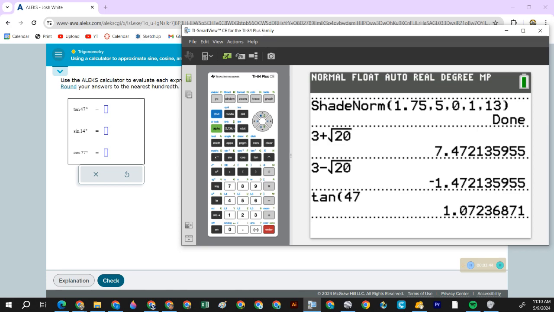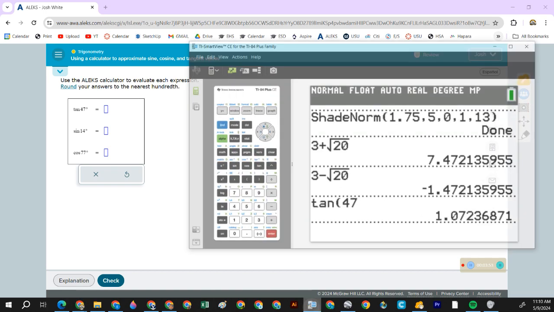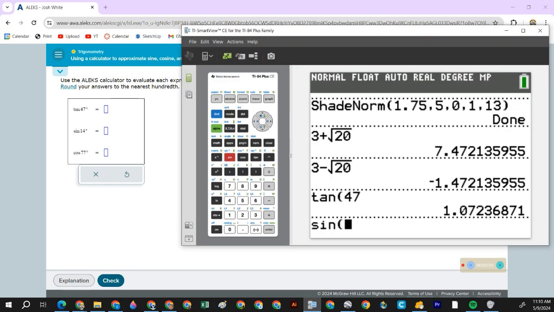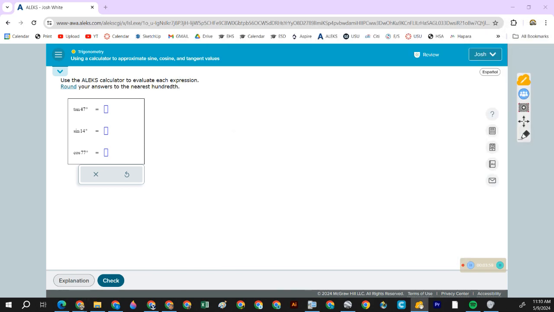Now what does that mean? The tangent of 47 is one. Let's do a different one though. That's not a very good number. Let's say the sine of 14, and I get 0.24. So the sine of 14 is 0.24. What does that mean?